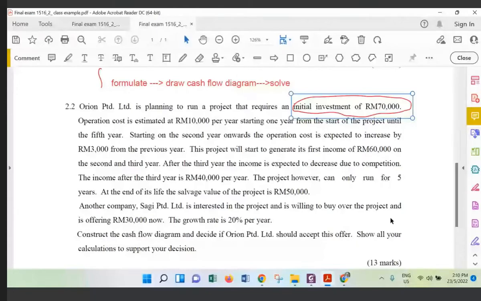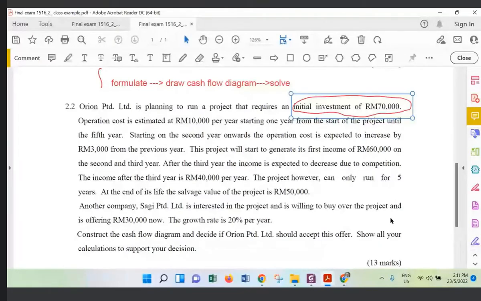How can you show this initial investment of 70,000 on your cash flow diagram? Macam mana? 70,000 dia akan arrow ke bawah.